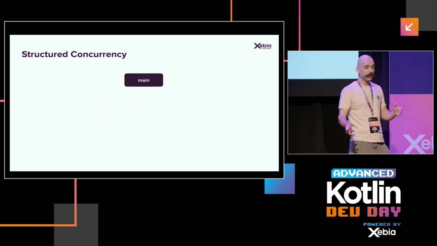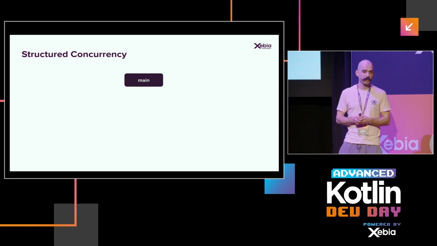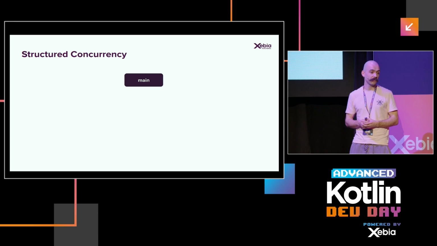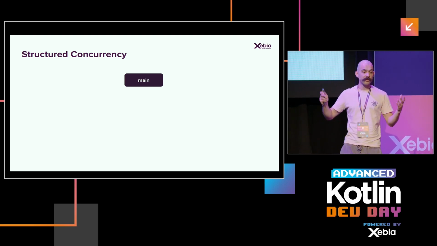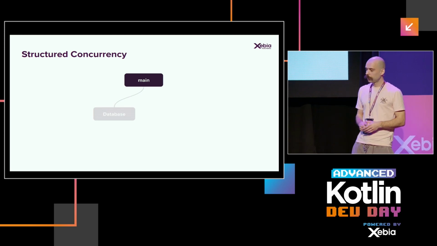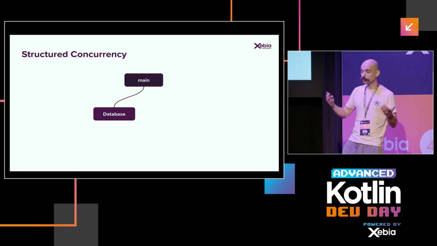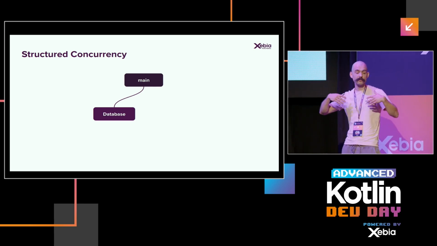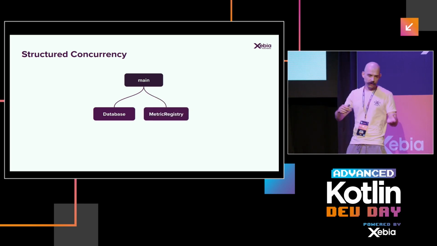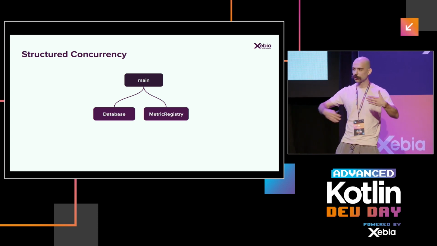And how can we compare it to resource safety? Because resource safety actually has a similar problem or a similar technique that we can use to reason about it. So let's go back to our example. We have our main process that's running our server. And like I mentioned before, typically when we're building a service, we need to work with a database. So the database can be considered the child resource of the main process. And alongside the database, we might have some metric registry that we use for analytics or logging to keep track.